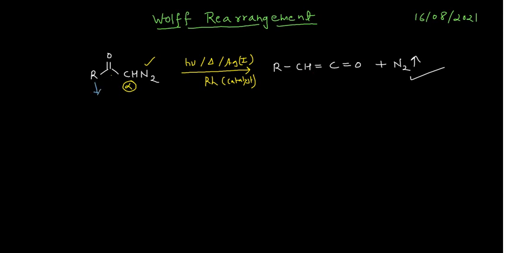This R could be your alkyl group, or your aryl group, that means you may take an aromatic compound. It may be an alicyclic group like cyclohexane, cyclopentane, etc., or it could be a heterocycle. So any kind of substitution could be there on this carbonyl carbon to give you a variety of substances.